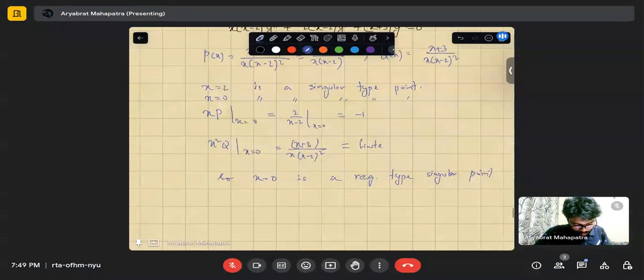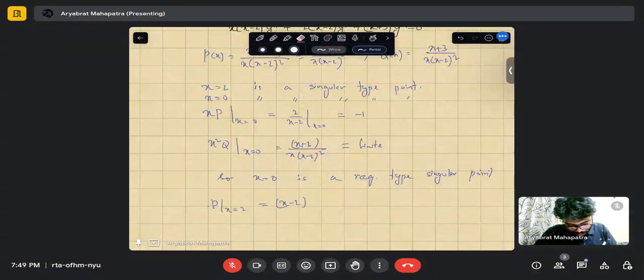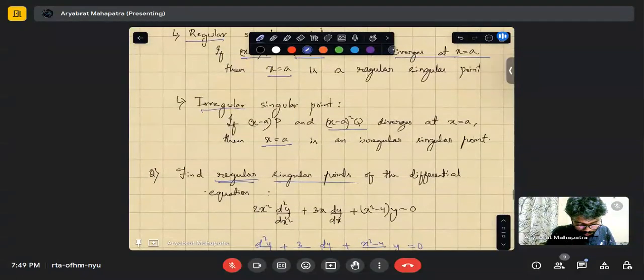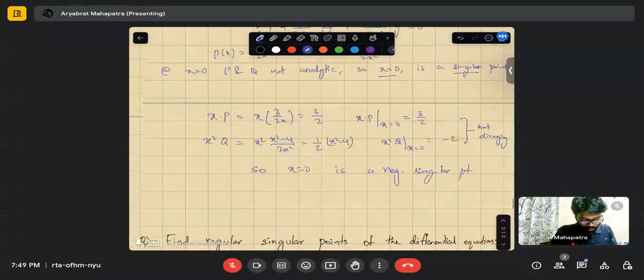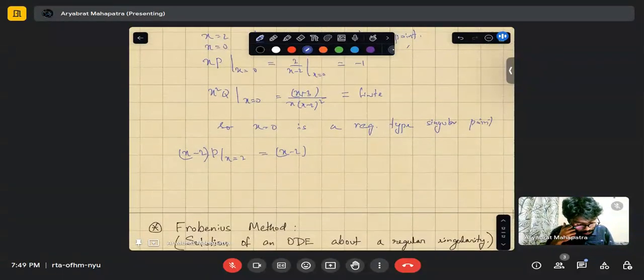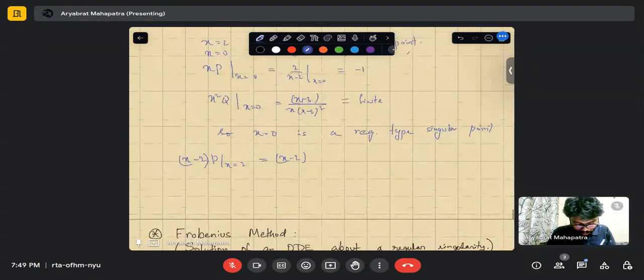For now, you check for xp at x equals 2, the other singular point. Here you have to calculate x minus 2, because that is what you have to check in this condition: x minus a times p and x minus a square times q. Here a is 2; earlier it was 0, so that's why we were writing xp, but now it is x minus 2 multiplied with p, and you are checking at x equals 2.